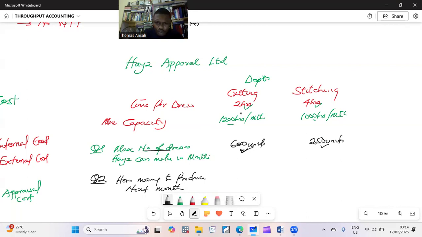Listen, he will need 1,002 hours to cut, and when he's able to do that, he can do 600 units. But when you finish cutting, it has to go to the next stage, which is 250 he can do. So Hayford cannot tell me that he can produce 600 when out of the 600, he can only stitch 250.